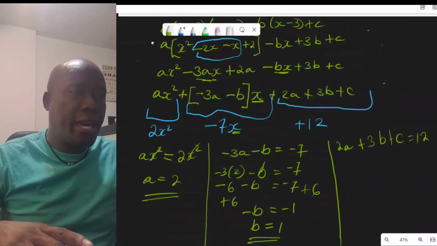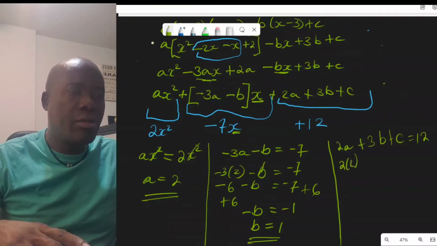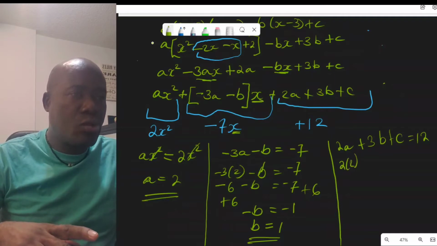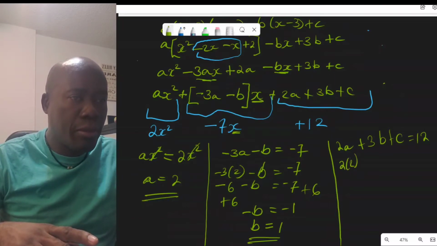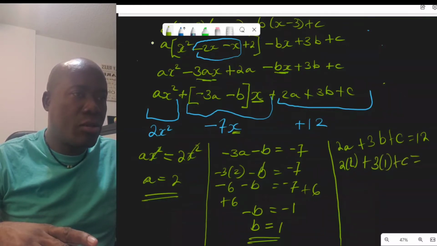Remember that we have a value for a and b, so we could substitute: 2a is going to be 2 times 2, plus 3b, and b is 1, plus c, and this is equal to 12. So 4 plus 3 plus c is equal to 12.